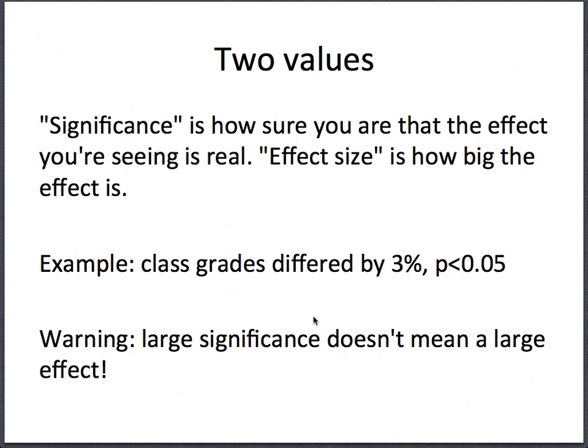What does that mean? Does anyone want to translate that into English? It means a 5% chance that it happened randomly. Right, so a 5% chance that what you're seeing is just luck.